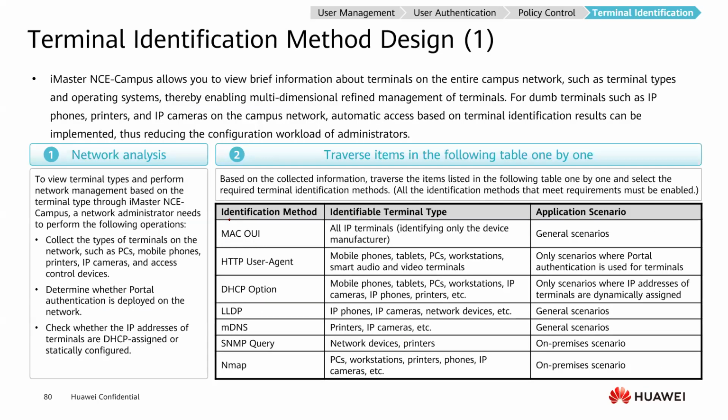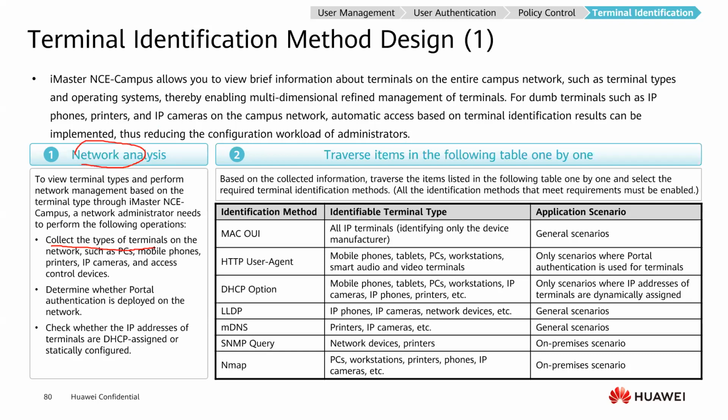And then for terminal identification, we have introduced a lot of terminal identification methods to automatically identify the terminal types and deploy the policies. And how to design? First, you need to analyze your network.